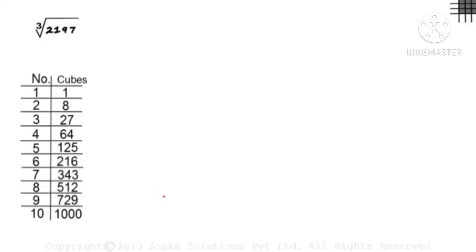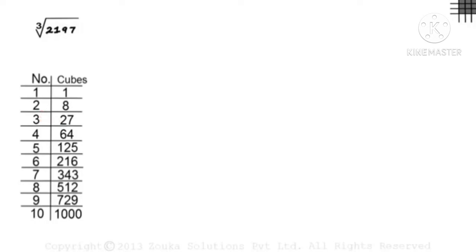Here is the table of cubes of numbers from 1 to 10. In the first column, we have the numbers, and in the second column, we have the cubes of those numbers. 1 cubed is 1, 2 cubed is 8, 3 cubed is 27 and so on.